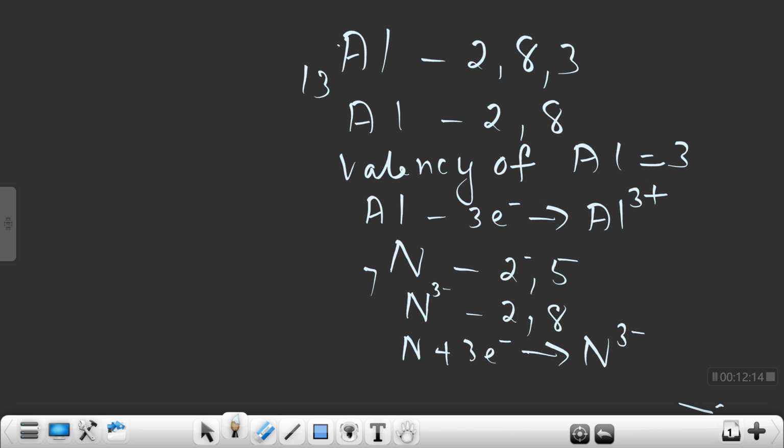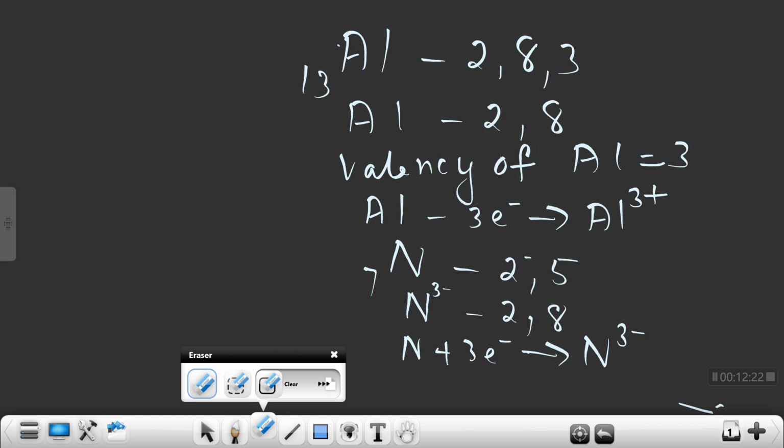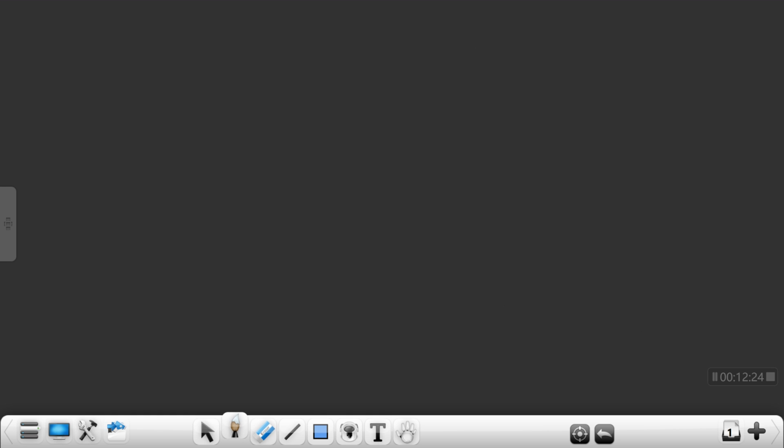So it is written like this: N plus 3 electrons gives N3 minus. I think all of you understood how to calculate the valency. Valency is the number of electrons an atom loses, gains or shares during a chemical reaction.